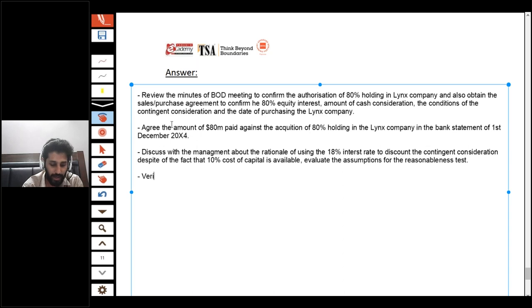So verify the fair value of NCI by simply obtaining the 20% shares and multiply with the share price at the date of acquisition.